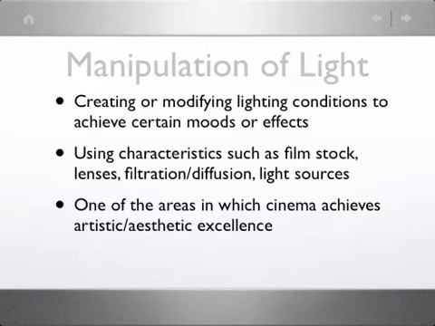And it is in this manipulation of light that is one of the areas in which the cinema achieves artistic and aesthetic excellence. The artistry of cinema is to a large extent created through the ways in which light is manipulated and the way that light is presented by filmmakers.